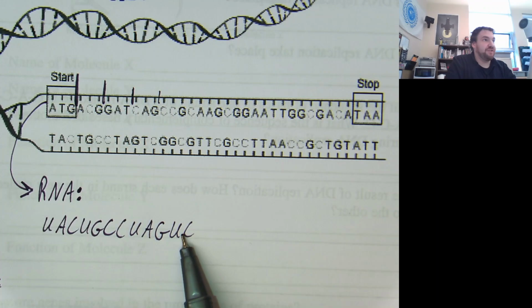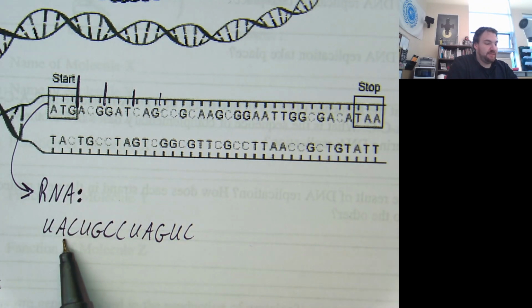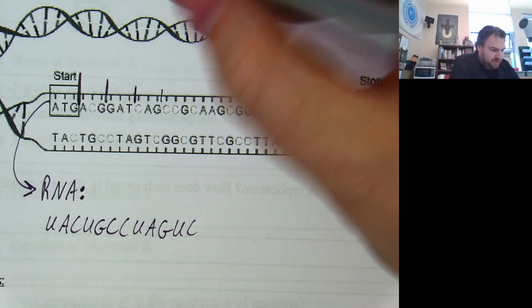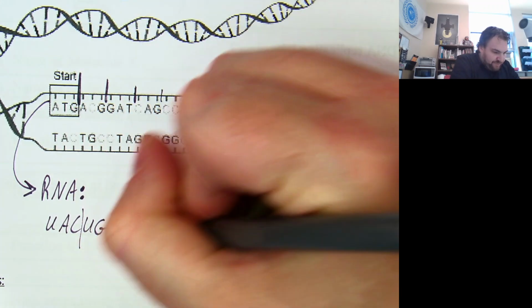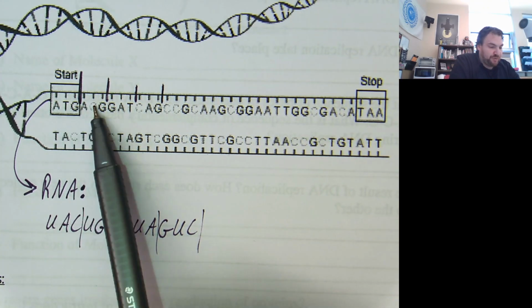But all the other letters are still the same. We're matching it with the top, yes. A with U, T with A. So I've got 1, 2, 3, 4 chunks done. That's these first 4.